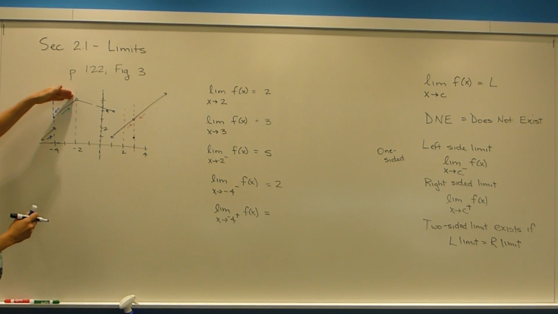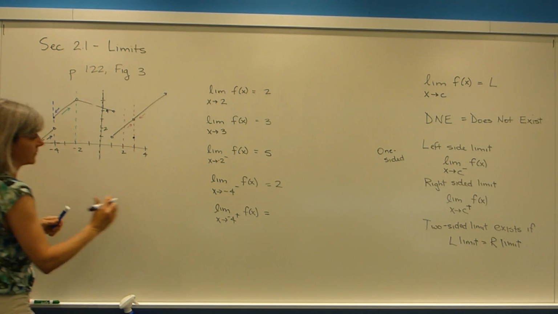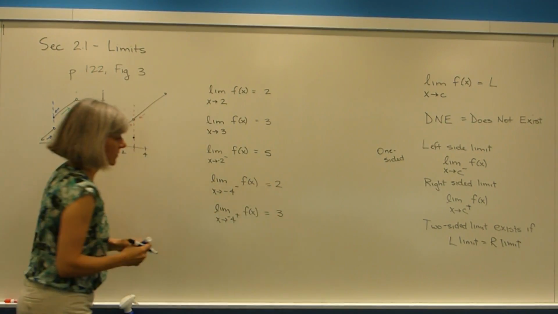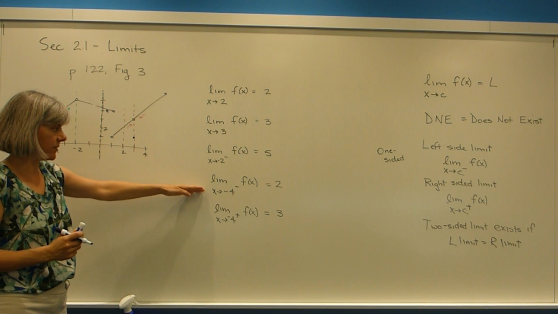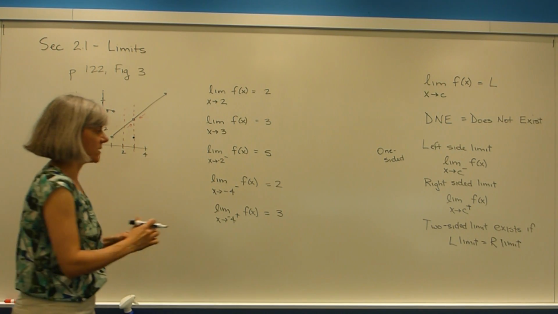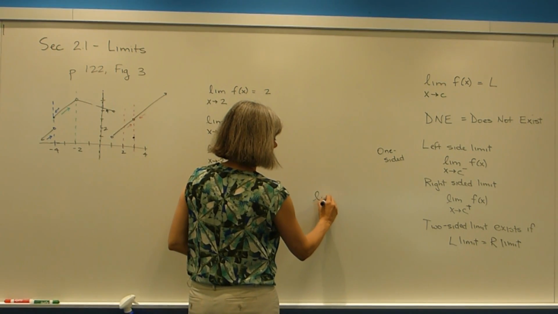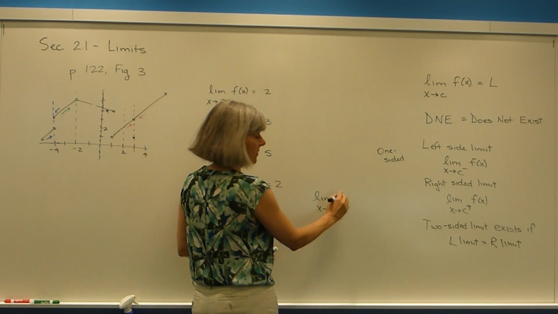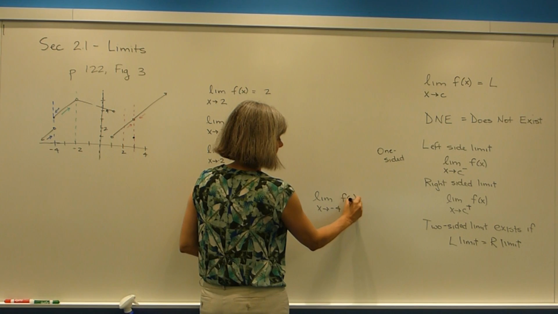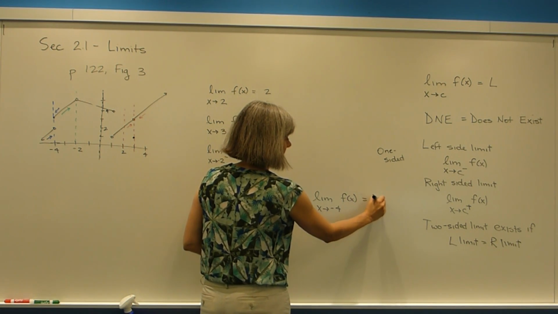When I'm coming from the right-hand side, however, I'm coming down, and this lines up with y equals 3. So question, does the two-sided limit exist? From the left I have one value, from the right I have another value, so that means that the two-sided limit as x approaches -4 does not exist.